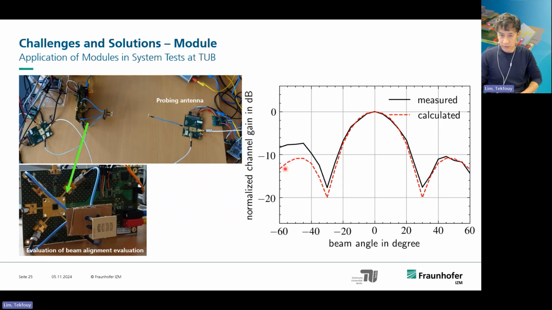We have a setup where we could use this module to make sure that it works, and then we have an antenna to check the signal which is provided by the module, and we can see here that the beam angle is matching pretty well with what we measured and what we calculated in advance. So here is a pretty good matching between the two.